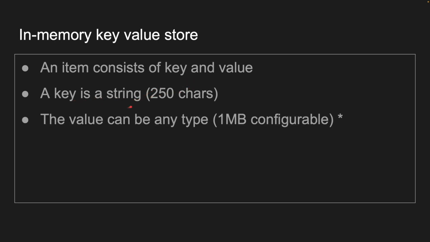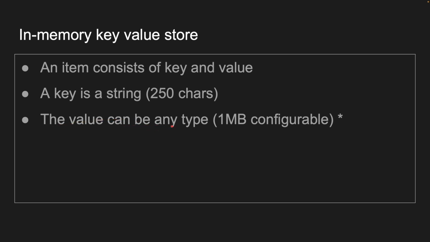When they take the key as a string, they did that for simplicity. If you support dates or, I don't know, blobs as keys, then things become really complicated, and that shows in the architecture. And if there is a bug, it's really hard to track down, right?